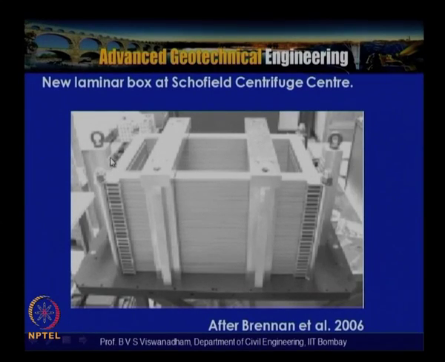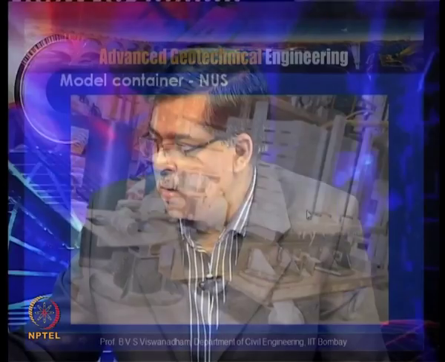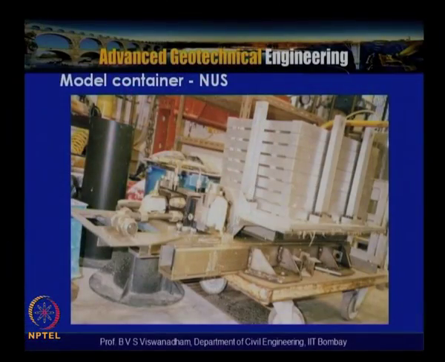The distance is set depending upon the amplitude that is allowed. This is a typical model container at the National University of Singapore, a small one-dimensional shaking system, wherein we have the earthquake actuator.